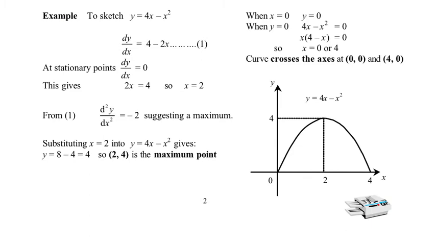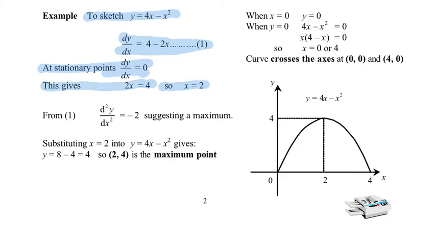Example. To sketch the graph y equals 4x minus x squared, find the derivative, which is 4 minus 2x. Put the derivative equal to 0. This gives 2x equals 4, so x equals 2.